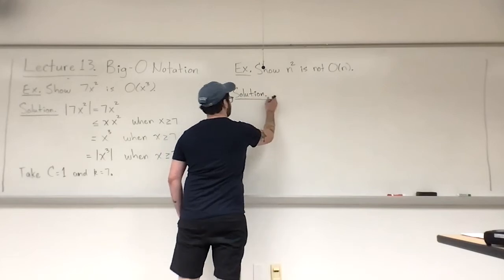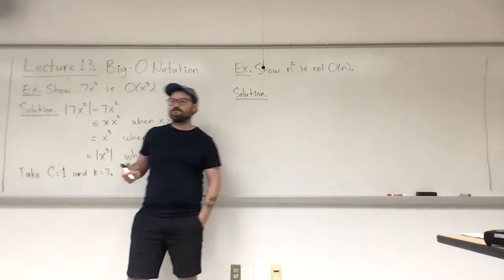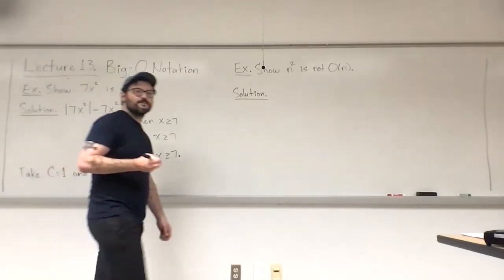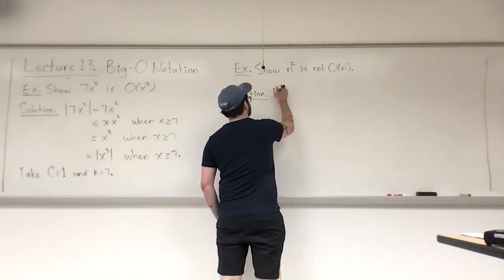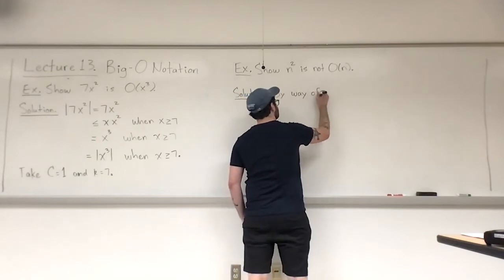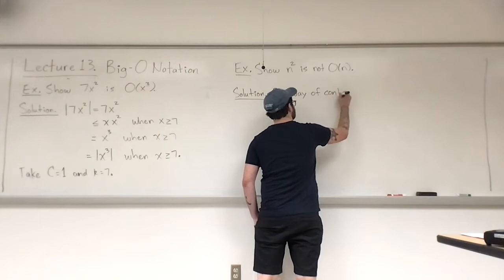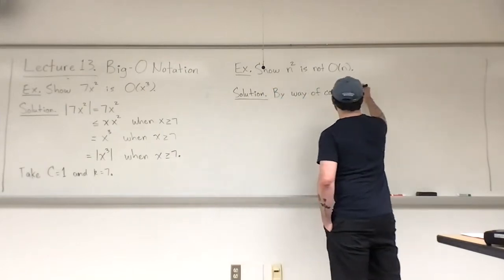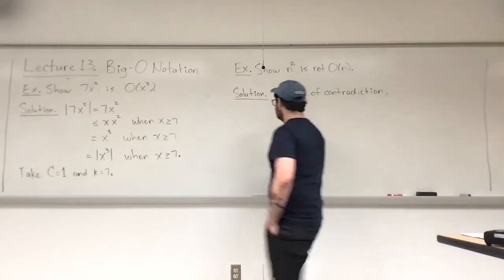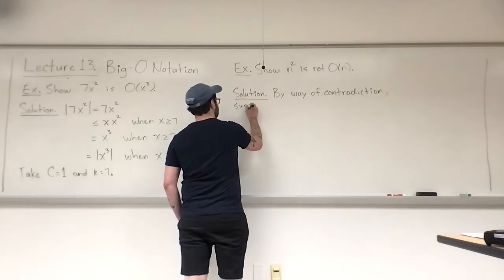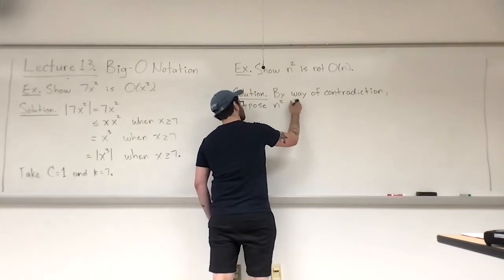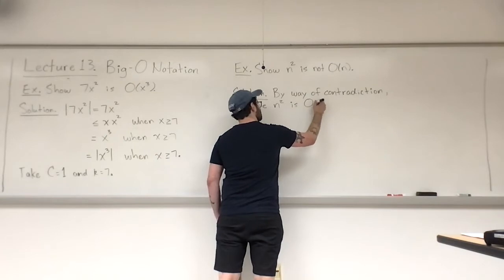So if you're going to show something is not big O of another function, then the way to do this is with contradiction pretty much every single time. Okay. So by way of contradiction, suppose n squared is big O of n.